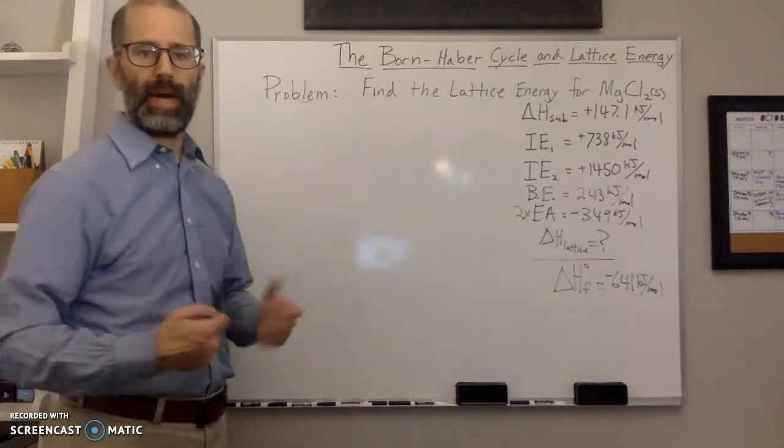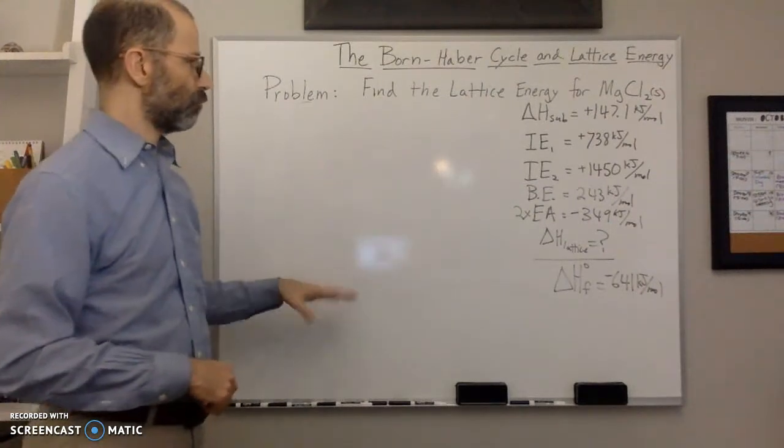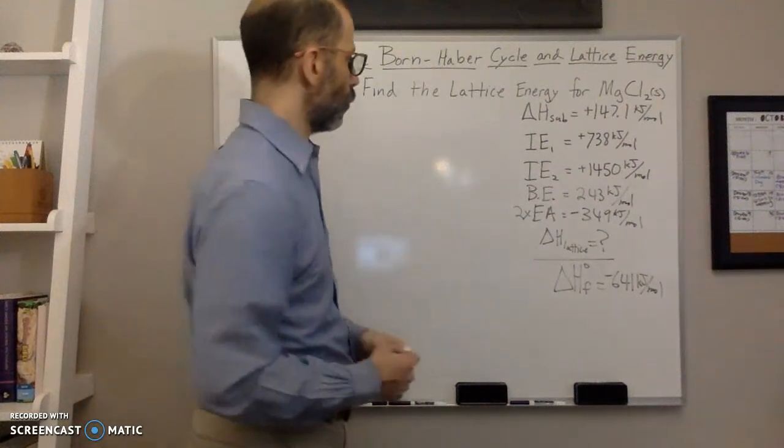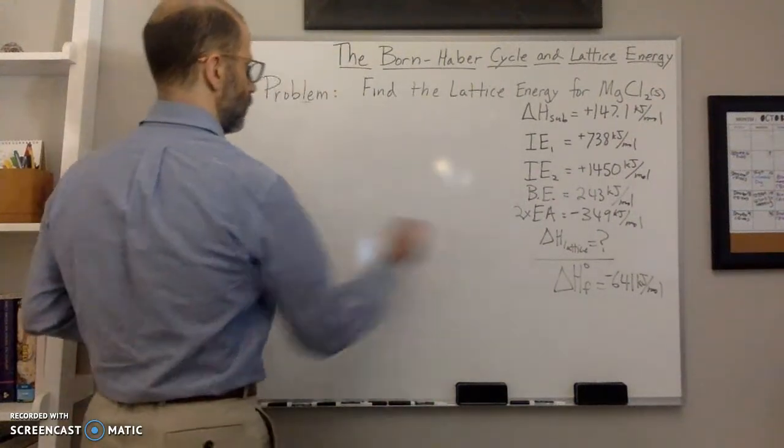Okay, so what I did was I erased the board to make room. This is all I need at this point. Now I'm going to set these up equal to that.